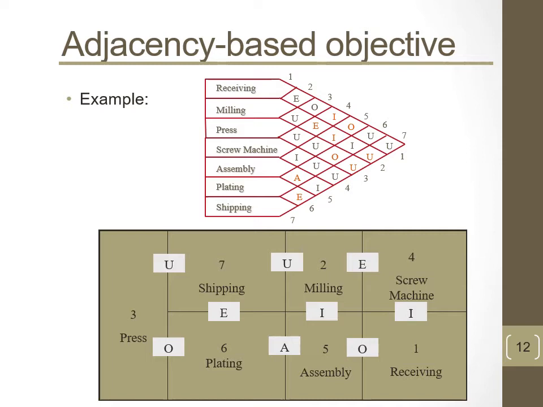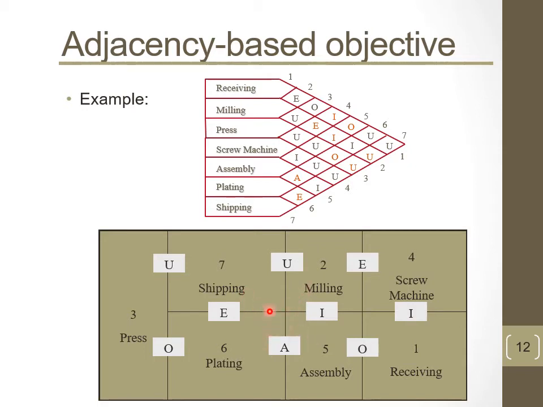But be careful. Adjacency is defined as sharing a common side. Look, department 6 and department 2, are they adjacent to each other? According to our definition, they are not adjacent because they are touching from the corner. They are not sharing a common side. That's why 6 and 2 are not adjacent to each other.